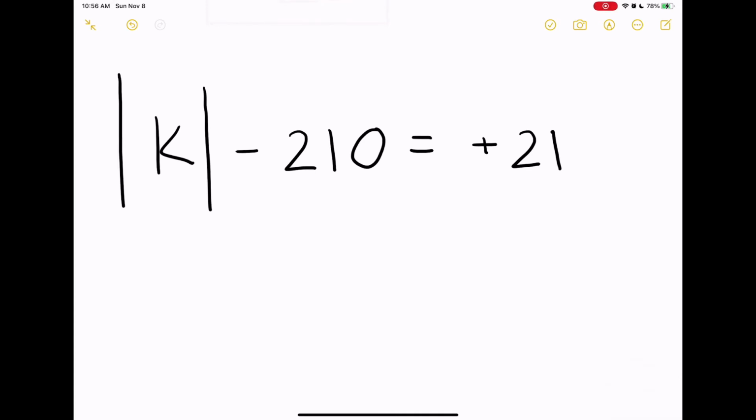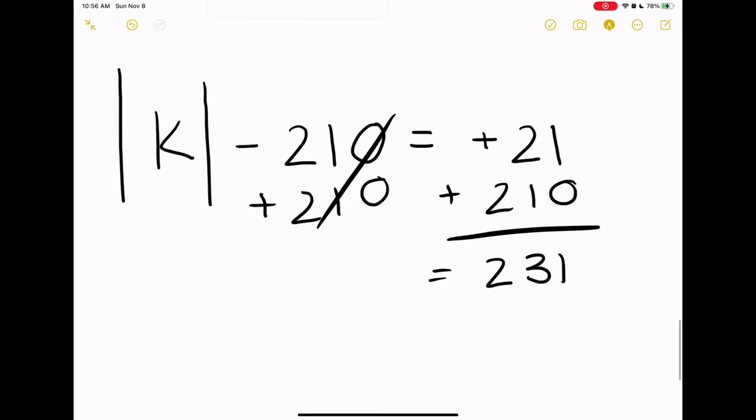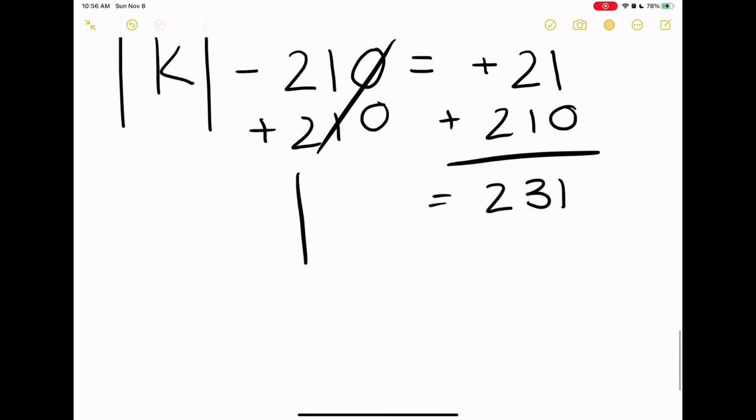Did you do it? Let's go ahead and check if you got the right answer. First things first, we're going to add 210 to both sides, just like we would in a normal equation. When we add 210, we get the absolute value of k is equal to 231. Is 231 positive?